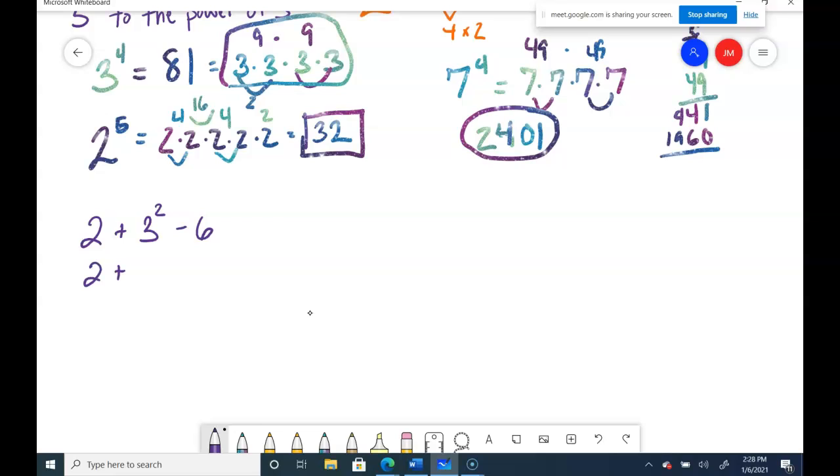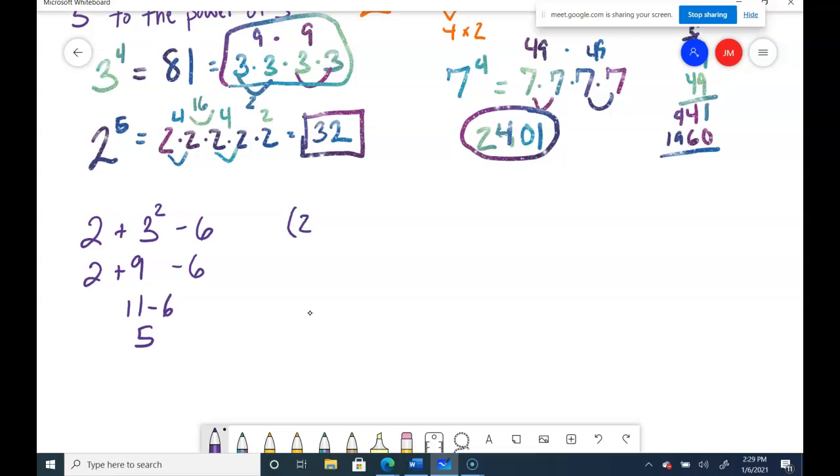So we do 2 plus, what is 3 to the power of 2, or 3 squared? 3 times 3. There's only 2 3s there. 9. So we have 11 minus 6, or 5.